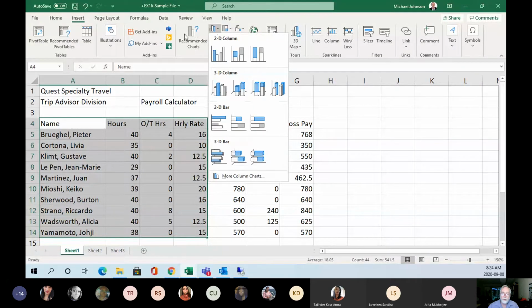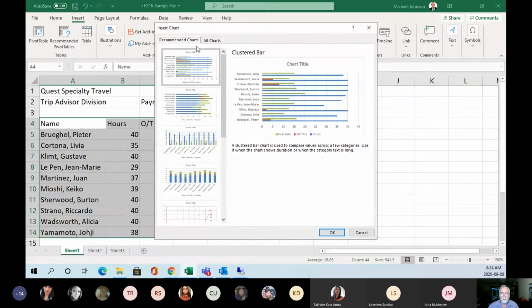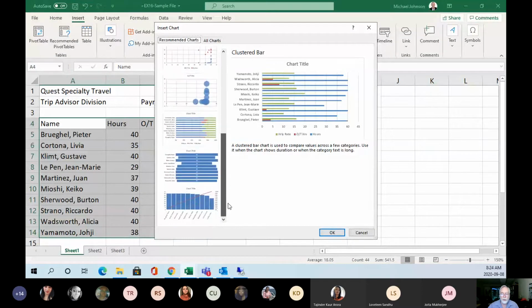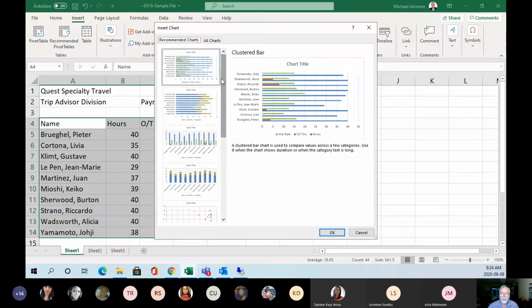We can also use what the computer believes would be to our advantage, and that's the recommended chart. Now, in recommended, it looks at our data and it says these are the ones that kind of fulfill what you're trying to accomplish. And of course, we get quite a few of them that we can choose from. So you can decide which one actually fits your needs better than some other.